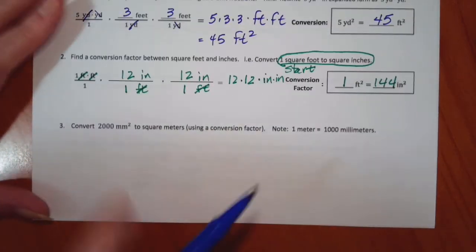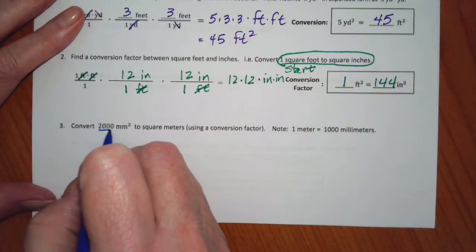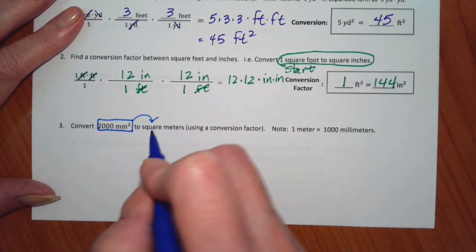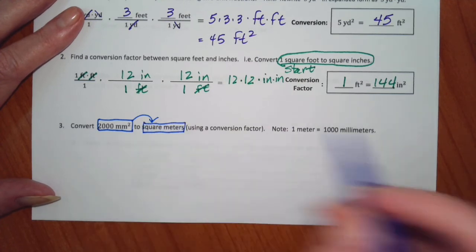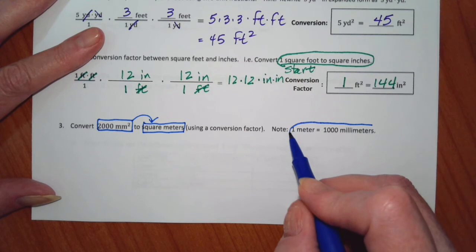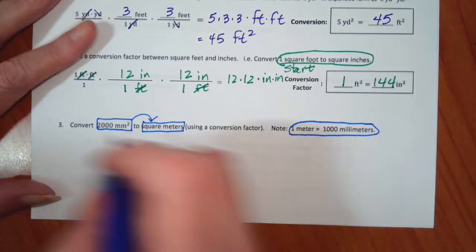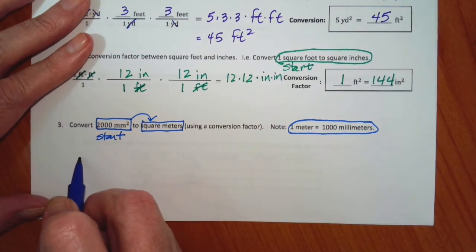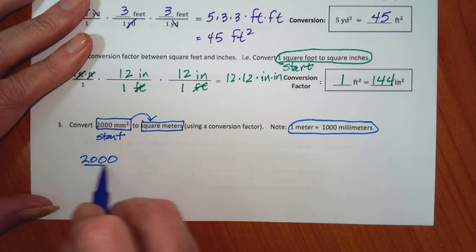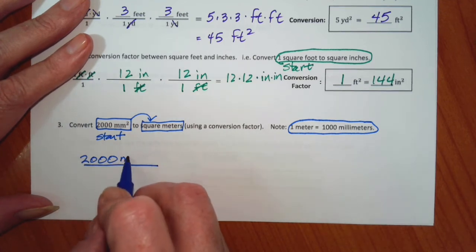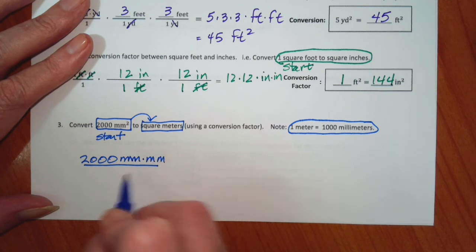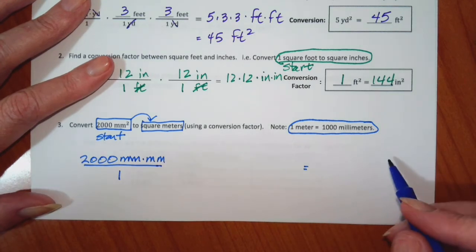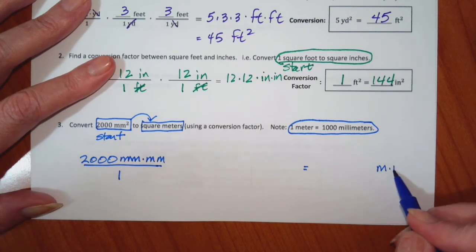Okay, on our next example here, we want to convert 2,000 square millimeters to square meters. And we're going to use this conversion factor. So this is my start. I'm going to write this as 2,000 millimeters times millimeter over 1. And over here I'm going to end up with meter times meter.